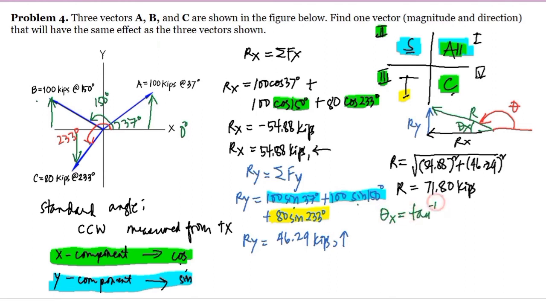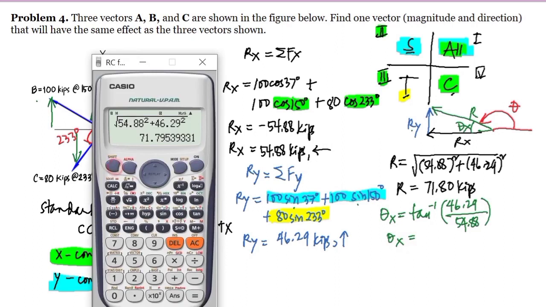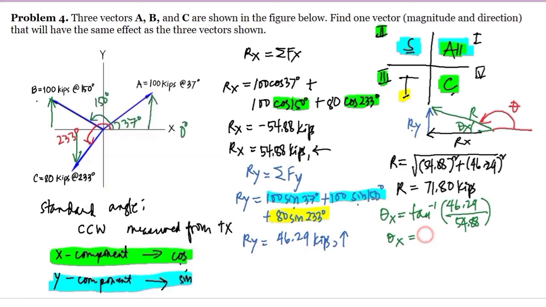So we have arctangent of Ry, the opposite, that's 46.29, over Rx, the adjacent, that's 54.88. Solving for theta x, we have arctangent of 46.29 over 54.88, and we have here 40.15 degrees.